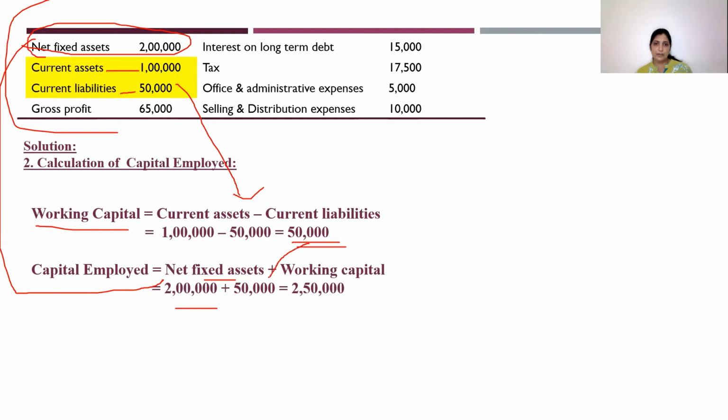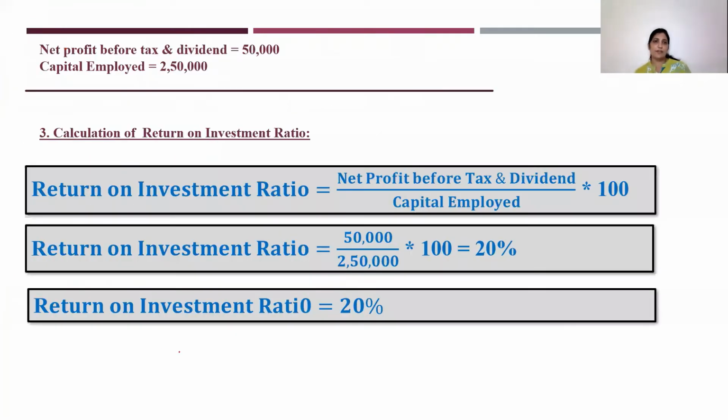It is substituted over here. So 2 lakh plus 50,000, you will get 2 lakh 50,000. Right. So these are the two variables we have calculated. Next we'll go for the formula. From our calculations, we have got net profit before tax and dividend 50,000 and capital employed 2,50,000, right?